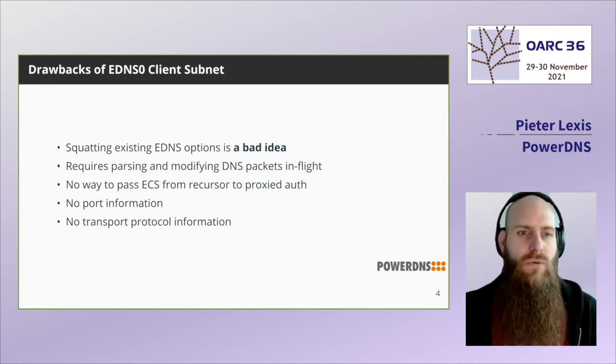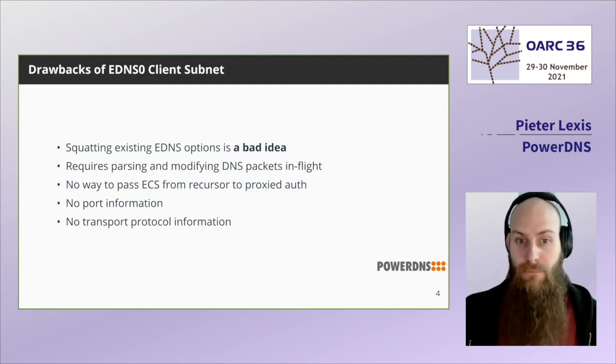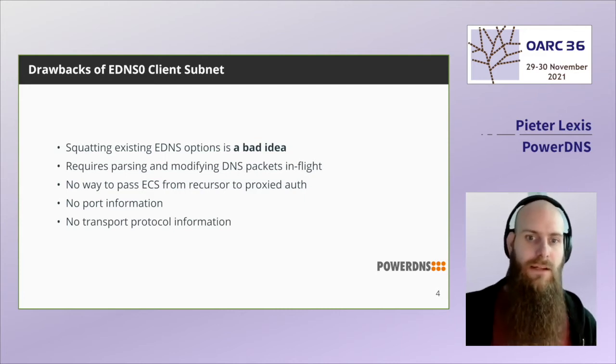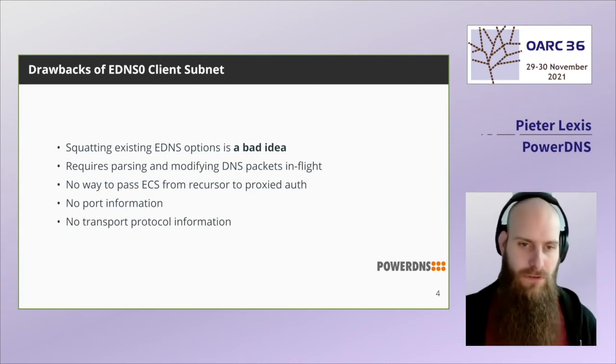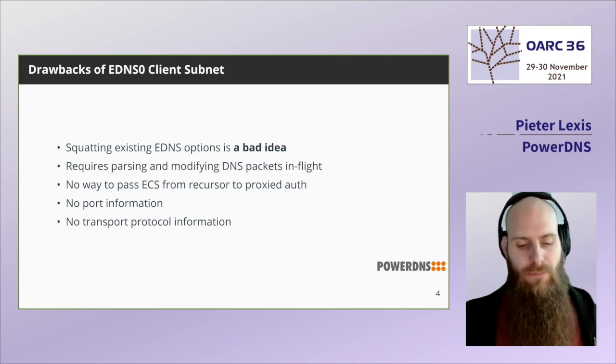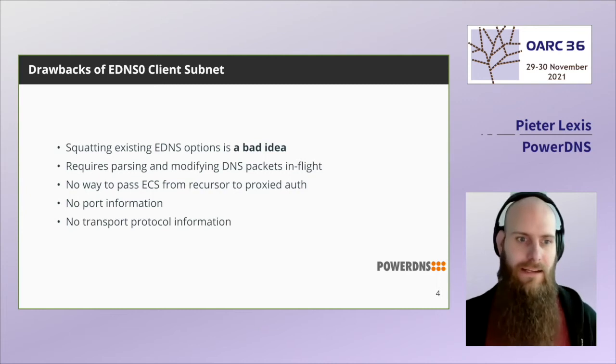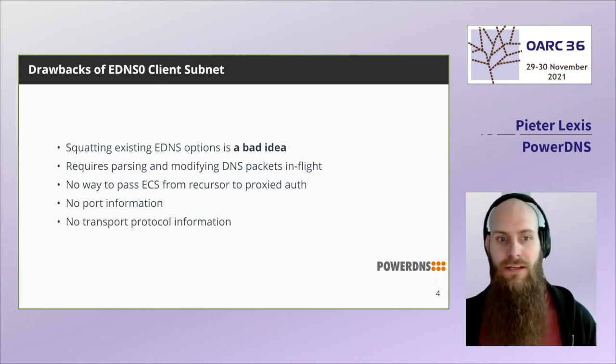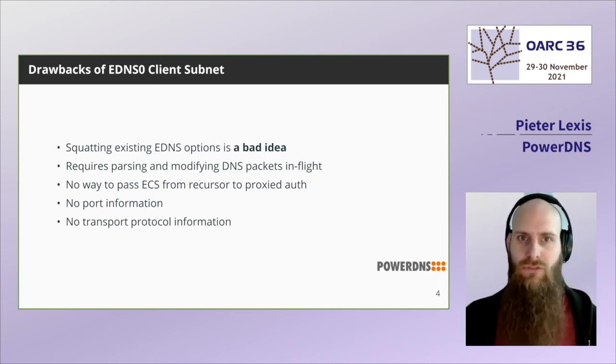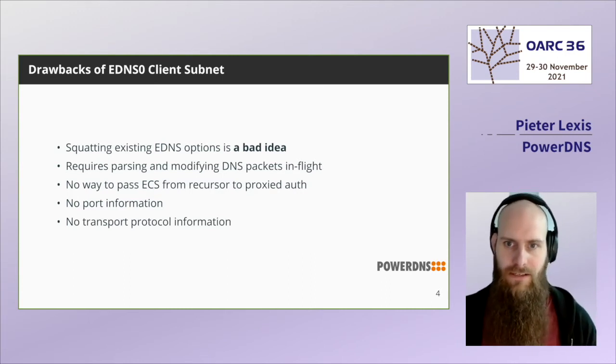There's also no way to then pass eDNS client subnet through your proxy, because the proxy has to add its own eDNS client subnet to the auth in the backend. There's no port information in there, and there's also no transport protocol information, of course, in eDNS client subnet.